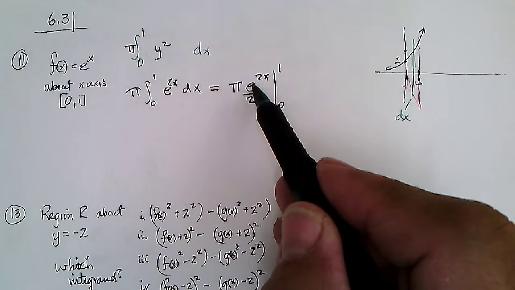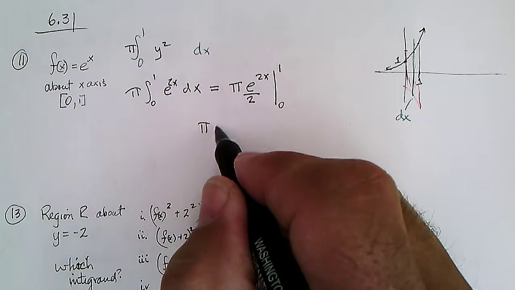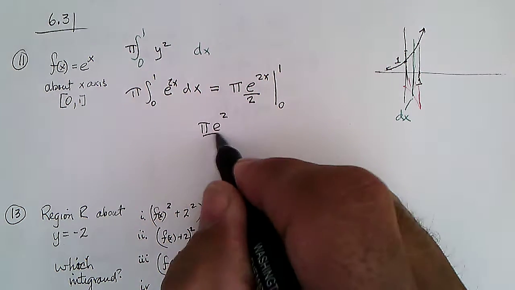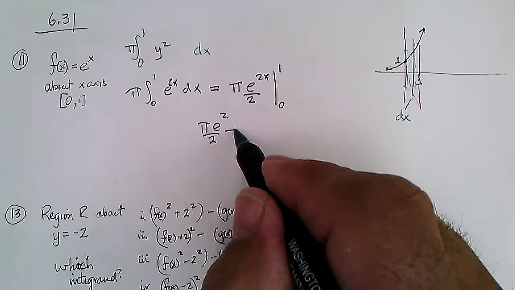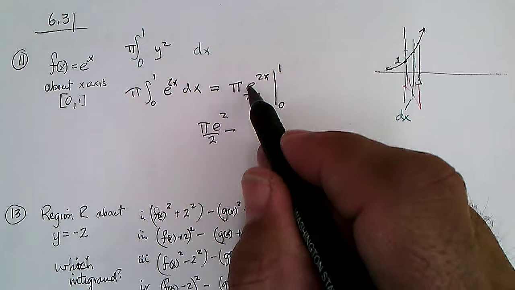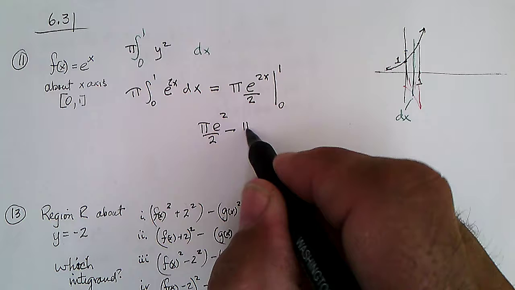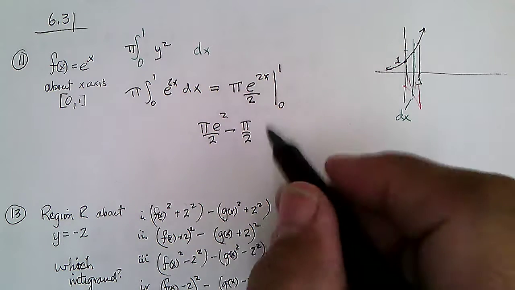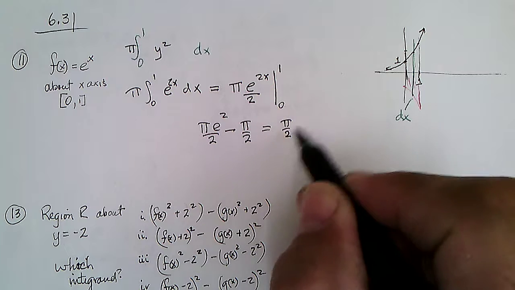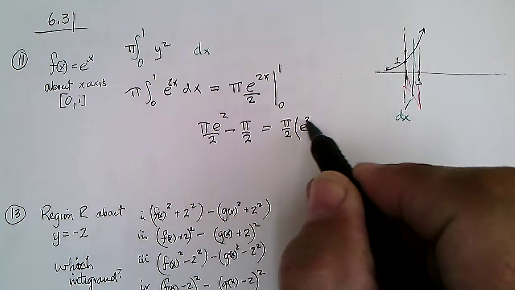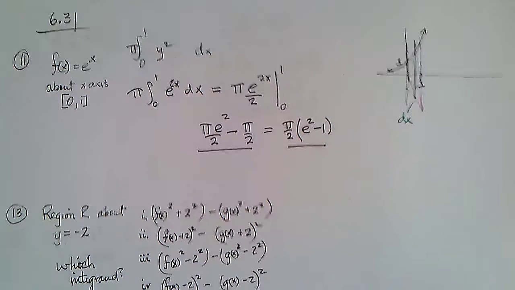I put 1 in there, and I get pi e squared over 2 minus, put 0 in there, e to the 0 is 1, times pi over 2 is just pi over 2. I could factor the pi over 2 out of this, and I get pi over 2 times e squared minus 1. Either of these answers would be just fine.